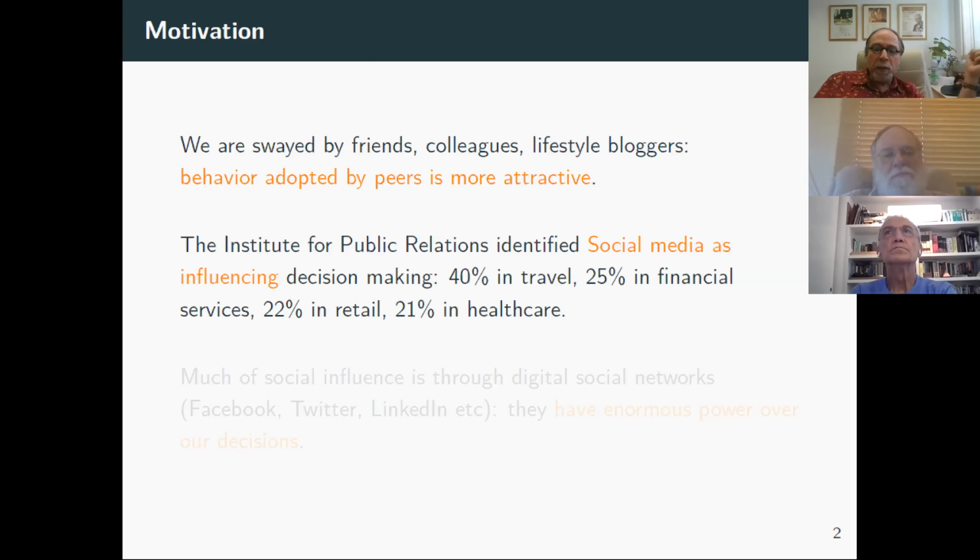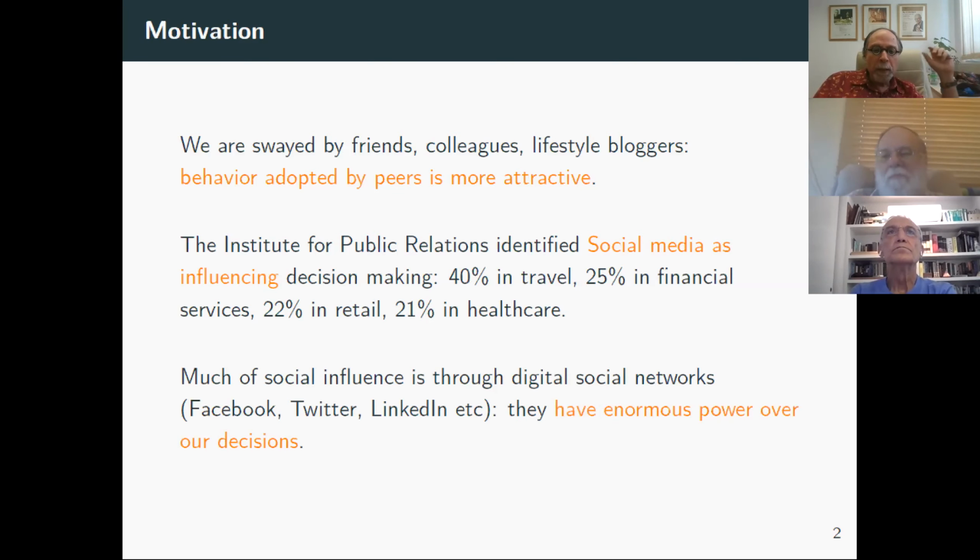This is a nice piece of evidence that I found about the prevalence of peer effect. They are most pronounced in travel. People very often imitate the travel decisions of other people: hotels, restaurants, flights, and so forth. Financial is less, then retail, and healthcare. Okay?